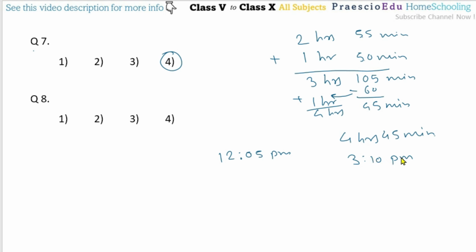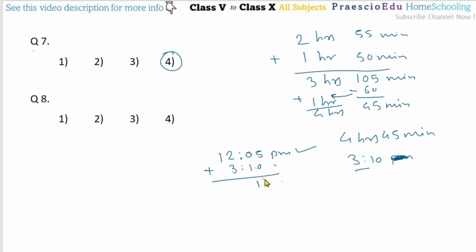This is the duration mentioned, not the PM time. So this 3 hours and 10 minutes is the duration of the drama, and this other one is only clock time. To find the end time, we have to add this duration to the clock time.